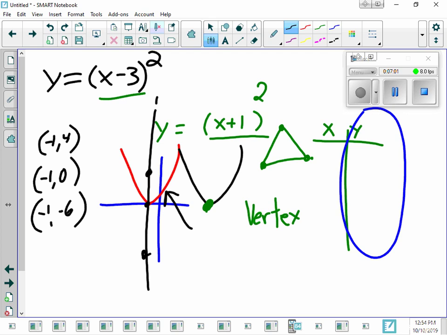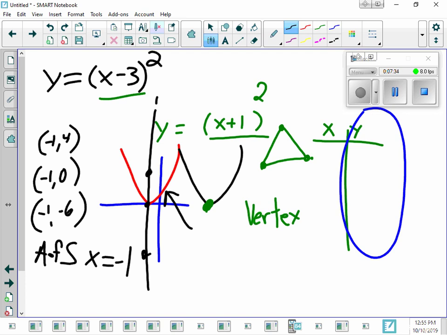It's every single point that has x equals -1. So all we say is the axis of symmetry is x equals -1, because that is the line that hits every single -1 x value. So horizontal lines are y equals, and vertical lines are x equals. So this vertex is at -1, 0, and the axis of symmetry is x equals -1.